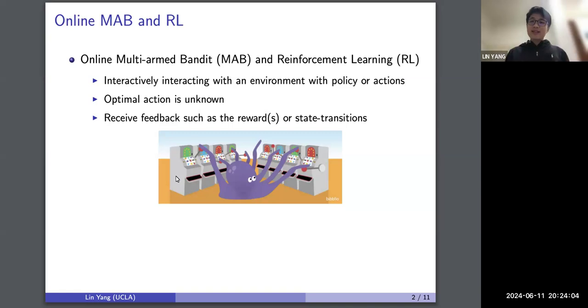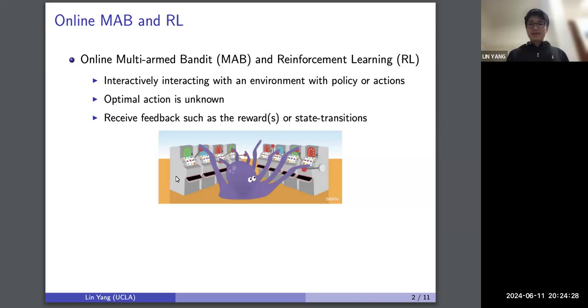In any case, we summarize this framework as follows. There is a learning agent who wants to interact with the environment for multiple rounds. The optimal action is unknown. Once an action is pulled, or a policy is played, the agent receives some feedback: some rewards, some state transitions, and so on.